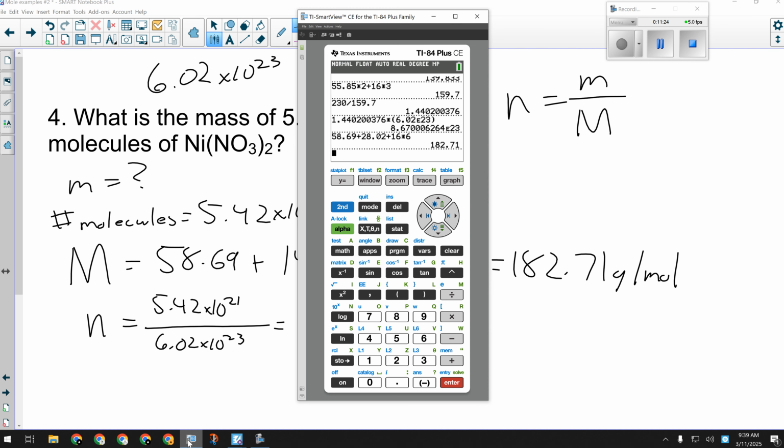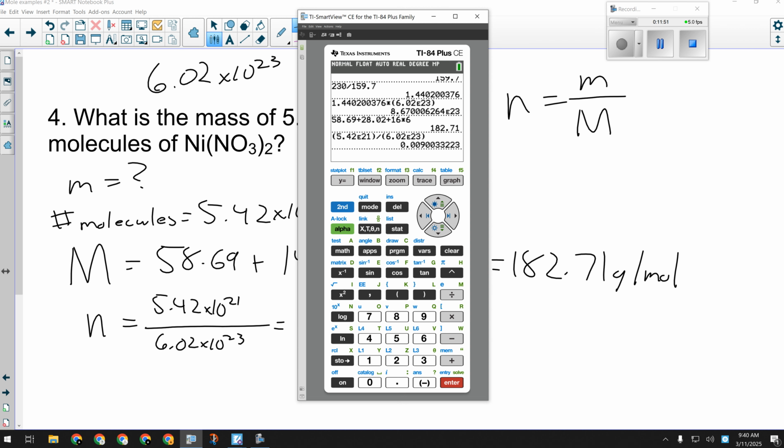So 5.42 E21, close the brackets, divided by Avogadro's number in its own set of brackets, E23. I get 0.009 moles. That is really, really small, so it's a very small amount of this stuff.